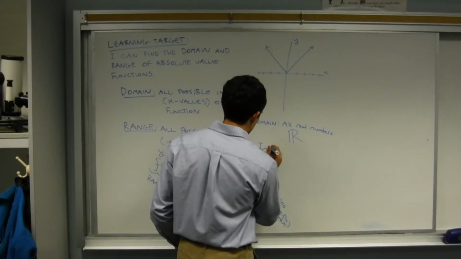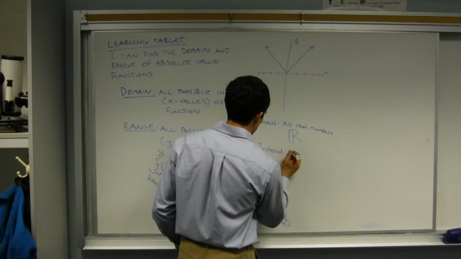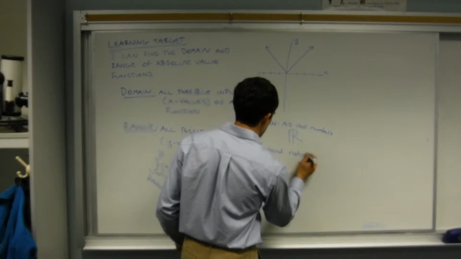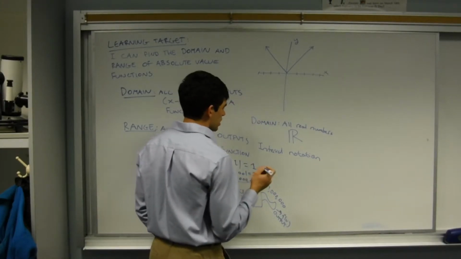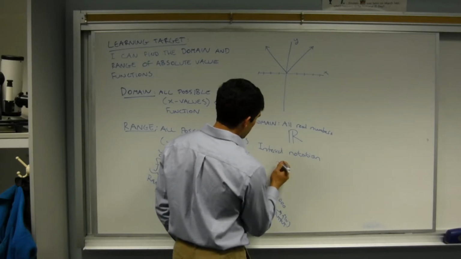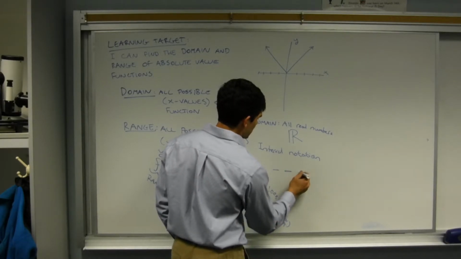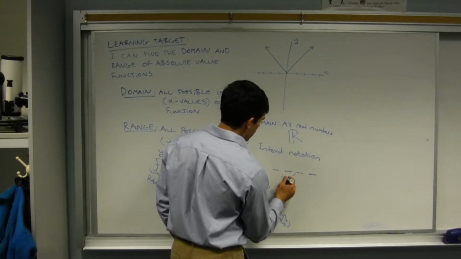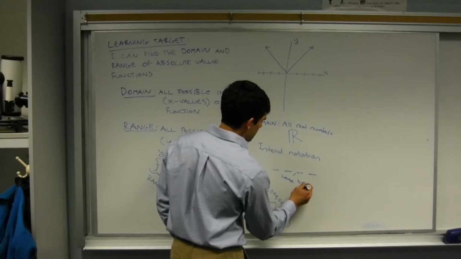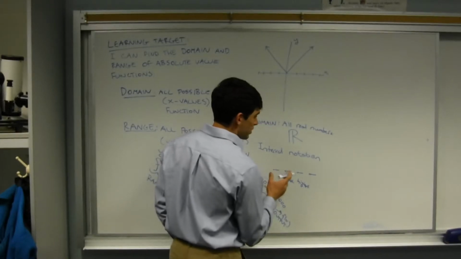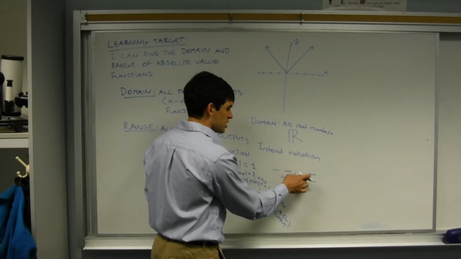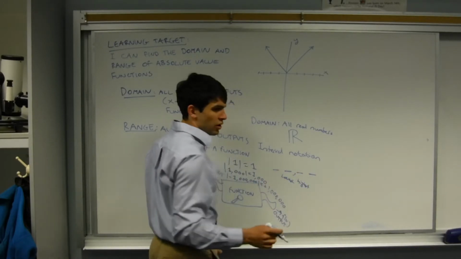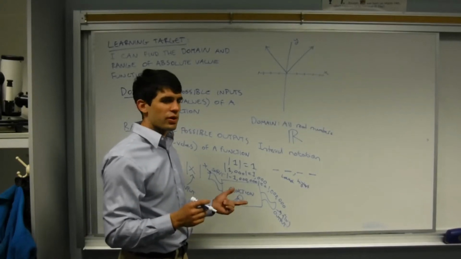to demonstrate that. So if you recall from last semester, with interval notation we would have 4 possibilities. We have our lowest possible value here, our highest possible value here, and depending on whether or not our interval includes our lower and higher bounds, we have either parentheses or brackets.